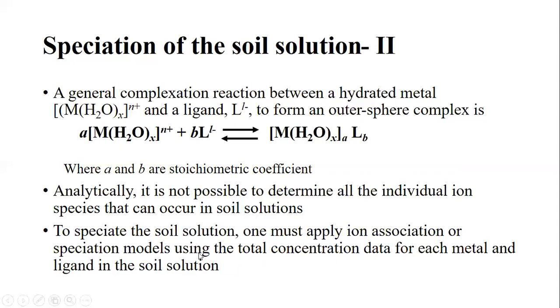So that's why we said, because we cannot determine them directly, we have to use certain types of models. We have to use our knowledge about salt chemistry and our experimentation. All of this combined finds the speciation we are interested in.